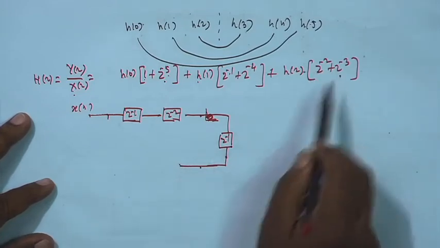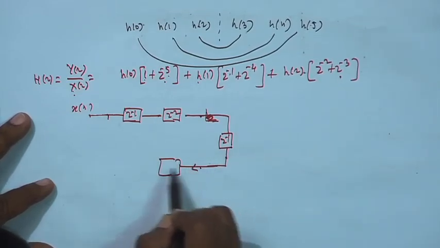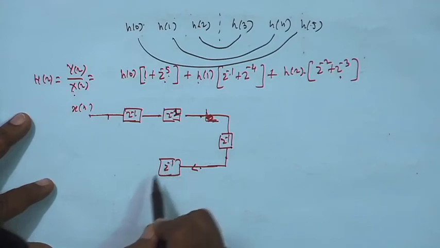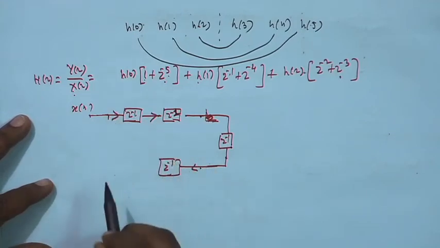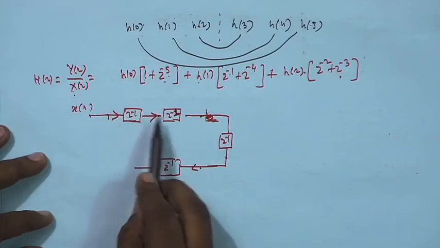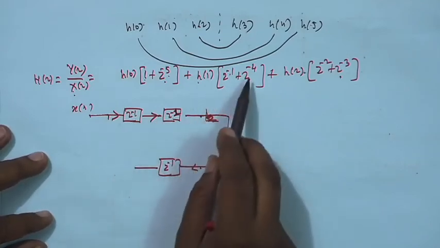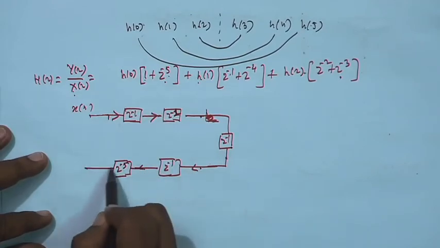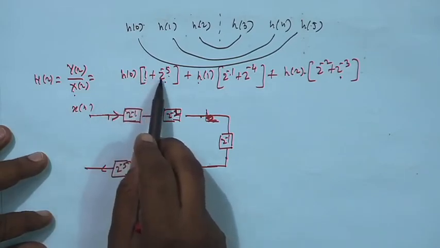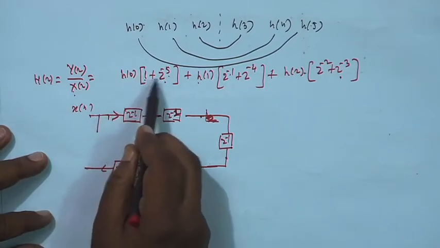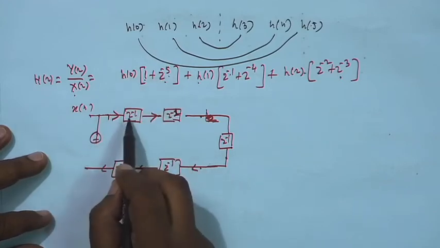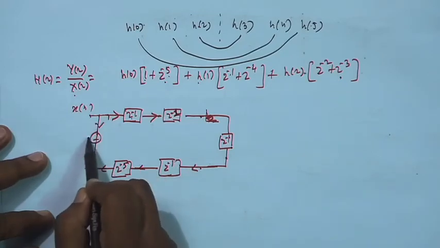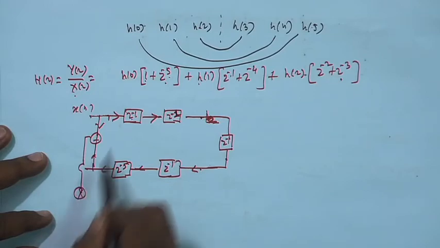Then z inverse 1, z inverse 4, up to that I have reached, but I need z inverse 5 also. So, one more delay. So, x z into 1 plus z inverse 5. So, x n plus x n minus 5, n minus 1, n minus 2, n minus 3, n minus 4, n minus 5. So, from here you take and multiply by H0.